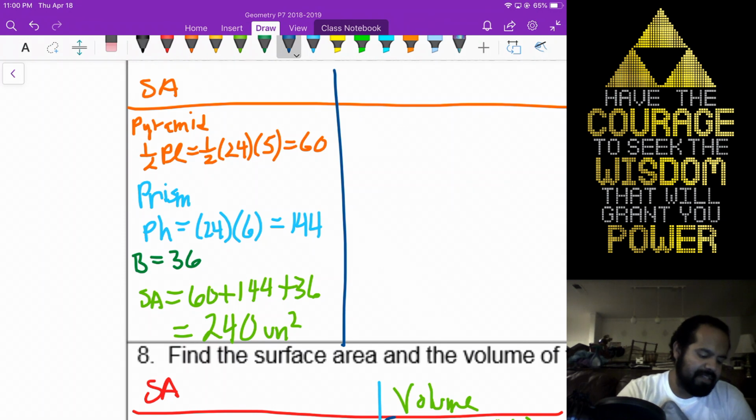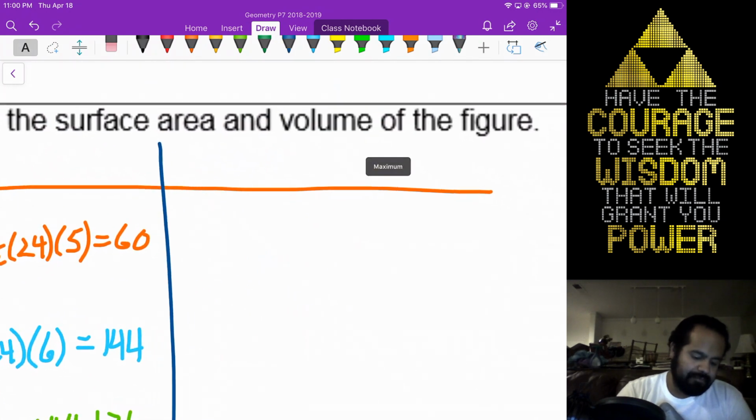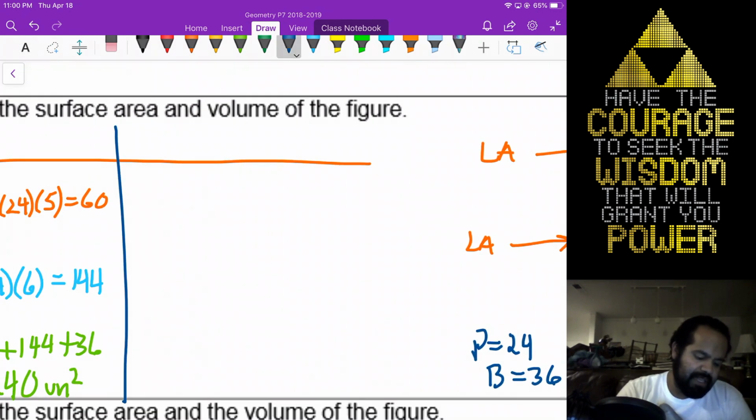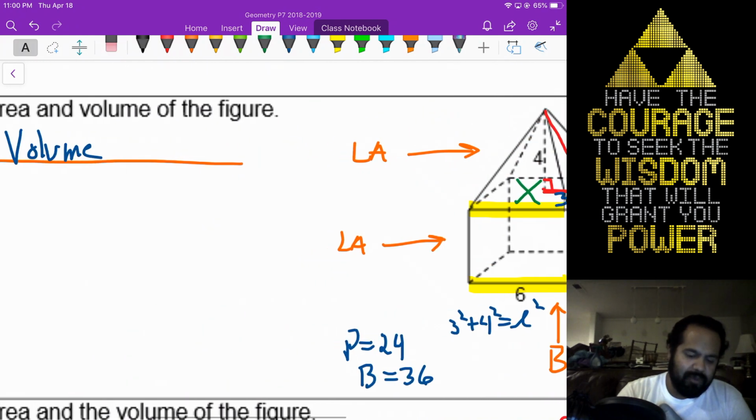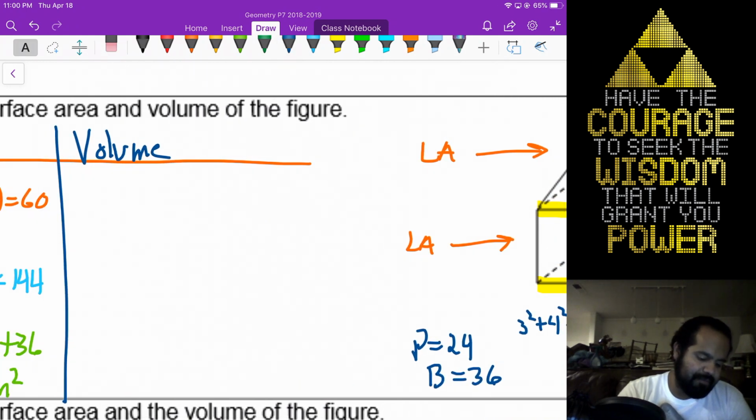Now, the fun part is the volume, which is not going to be difficult since most of our stuff was given to us. Remember that the volume of a pyramid is 1/3 base area times the height.